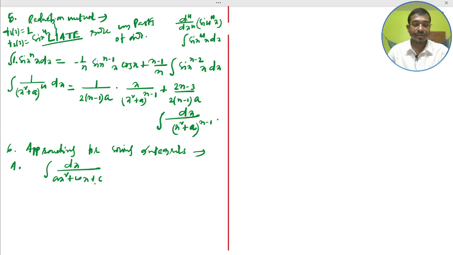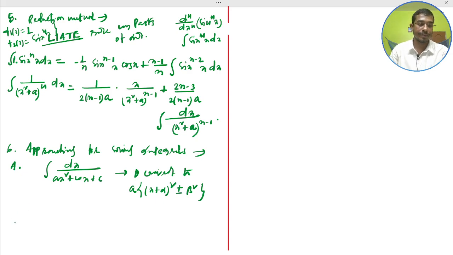In such integrals, we convert the denominator into the whole square form, with a common, that is (x plus alpha) square plus or minus beta square. So we just convert the denominator into the whole square form.